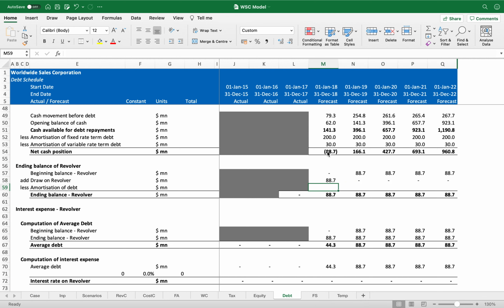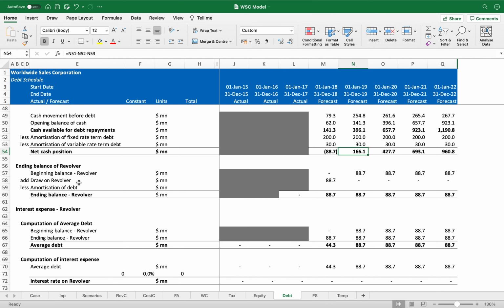Okay, so now you have taken this amount from the bank. Will you not repay this? Of course you will. When will you repay? When you have positive net cash position, that means you have this much amount even after paying your fixed and variable debt. So you can pay the revolver also from this amount.